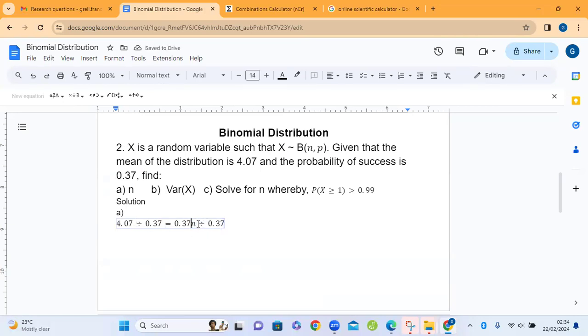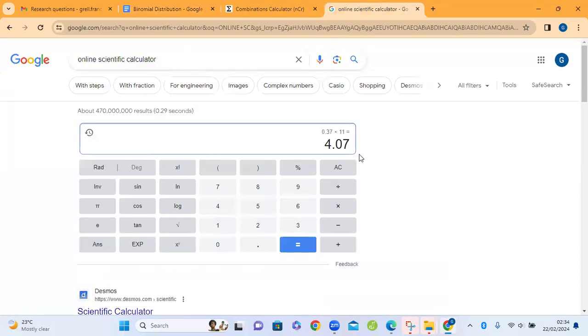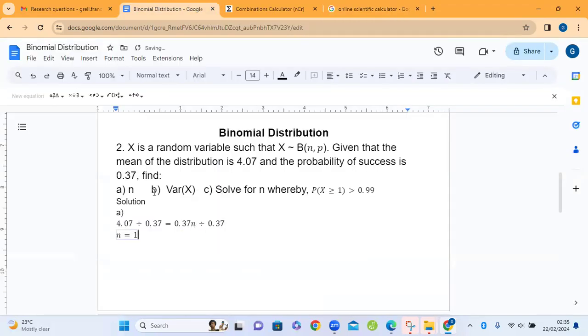So therefore, n is equal to 4.07 divided by 0.37. We can do this in our calculator, and that will give us an n of 11. So n is equal to 11.